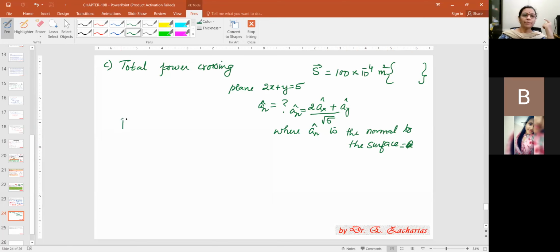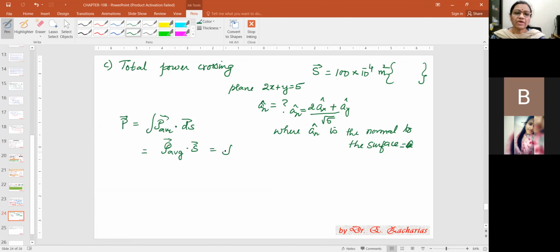So the total power is going to be equal to P average dot dS, and you can straight away see that this is equal to P average dot the S vector.